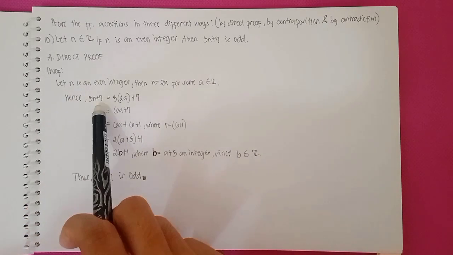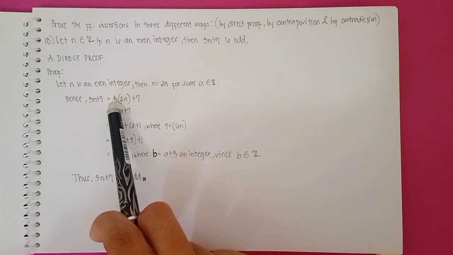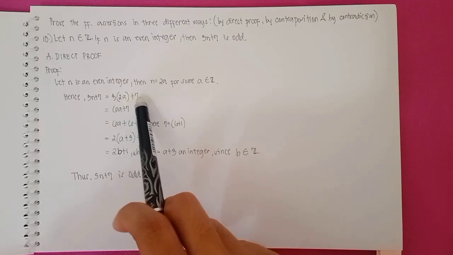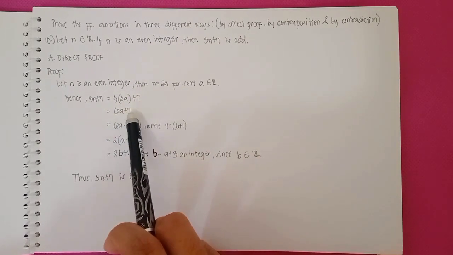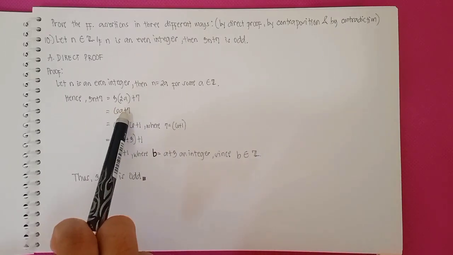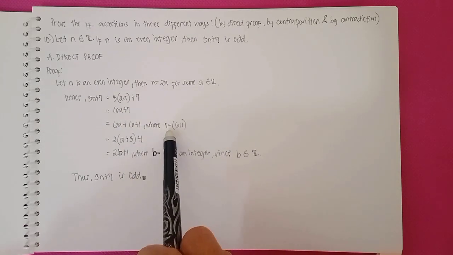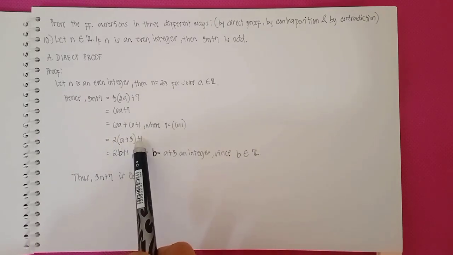Hence, 3n plus 7 is equal to 3, and then substitute the value of n equals 2a, plus 7, equals 6a plus 7. 6a plus 7 we express as 6 plus 1, where 7 equals 6 plus 1. And remove the common factor, which is 2 multiplied by a plus 3, plus 1.